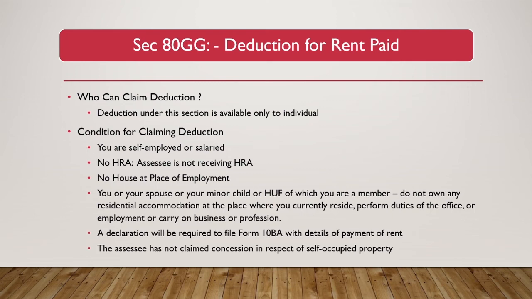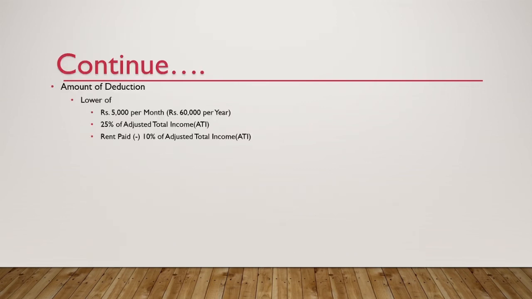If all these criteria are met, then SSC shall file Form 10BA and fill in the details. Friends, but there is a specified limit for claiming this deduction. There are 3 conditions given. Out of the 3 conditions, the lowest value shall be claimed as deduction.